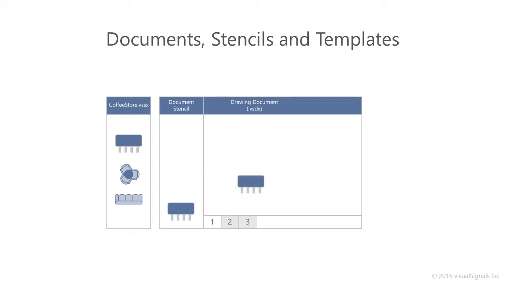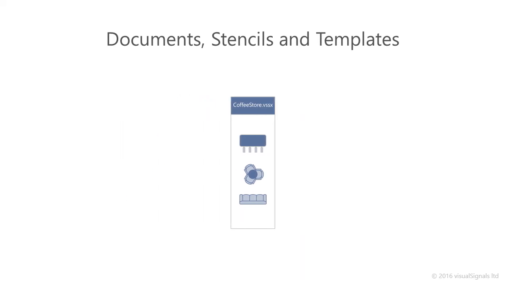The point to understand here is that there is no further link or relationship between the master in the standalone stencil and the instance shapes in the drawing document. And this is in contrast to the direct relationship that instance shapes have with their local masters. In fact, instance shapes inherit most of their values from their local master, and I'm going to talk more about this mechanism later on in the module.